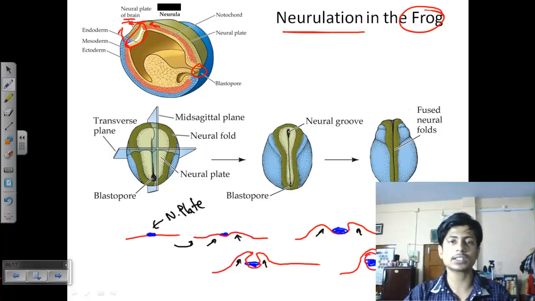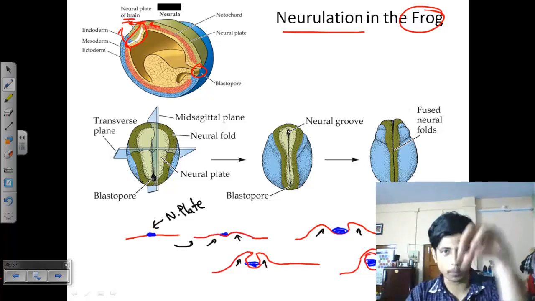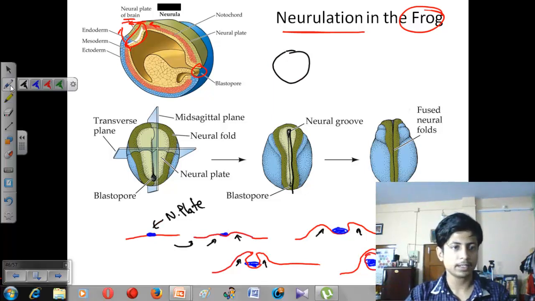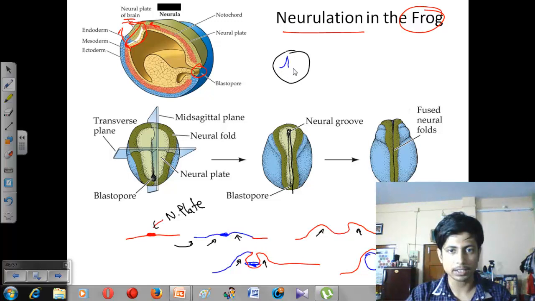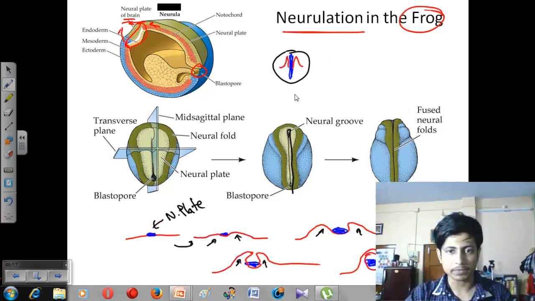and this process does not work in one particular region. I mean, it does not work at only one point of the embryo, it occurs throughout a stretch of the embryo. See, this is the embryo. This whole process of the neural plate is placed through the top in a region, and all the cells that arise from both sides will come from the two sides. So just imagine this whole process working. We are looking at a cross section in this particular case.